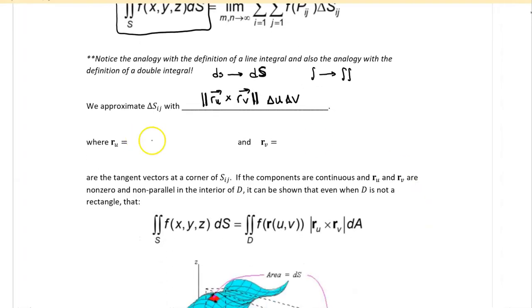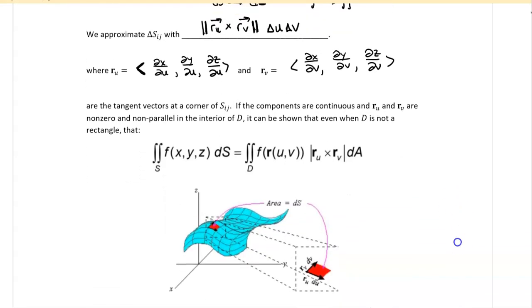I will remind you that r sub u, our tangent vector, is partial of x with respect to u, partial of y with respect to u, partial of z with respect to u, and then r sub v is partial of x with respect to v, partial of y with respect to v, and partial of z with respect to v.